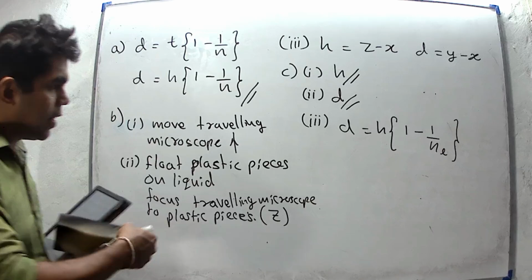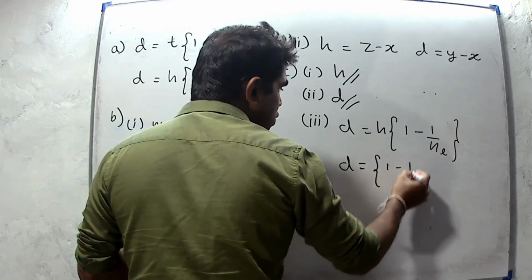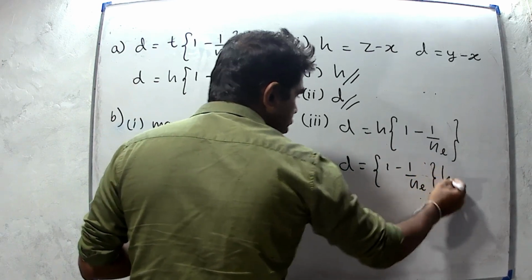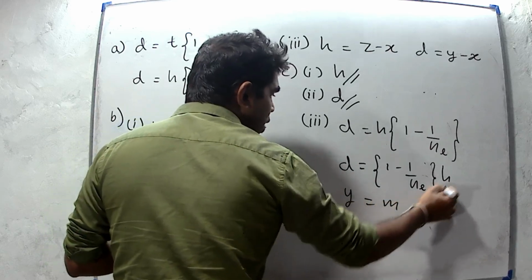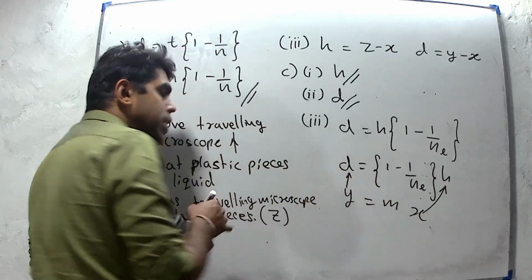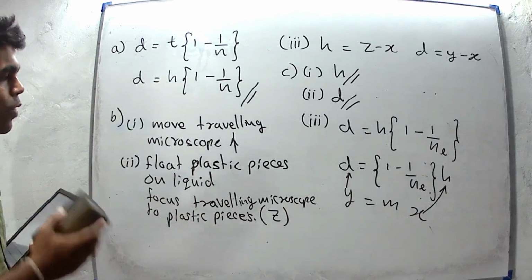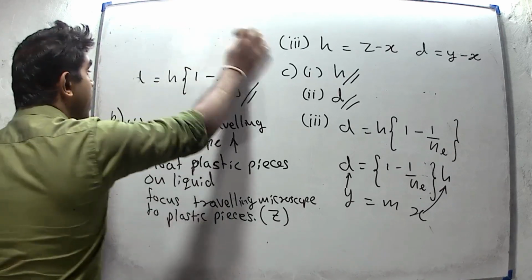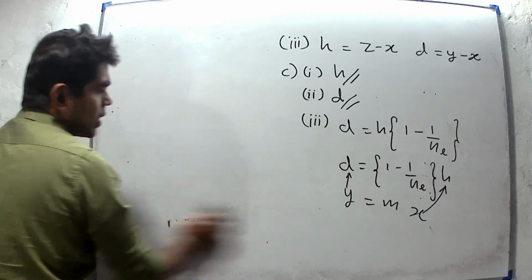Now we can get D equals 1 minus 1 over NL times H. It is in the form Y equals mx. X value is H, Y value is D. H is the independent variable, D is the dependent variable. We have to get dependent variable to the y-axis and independent variable to the x-axis.